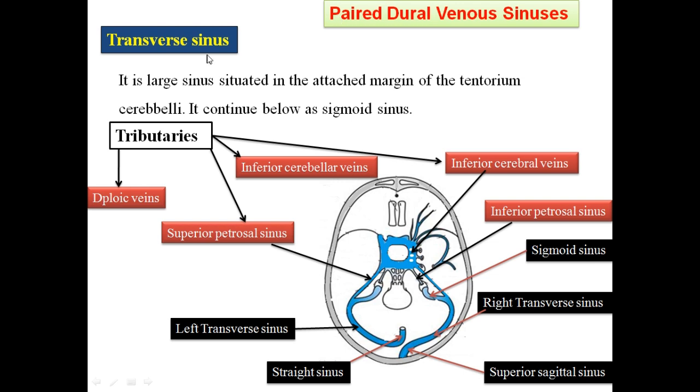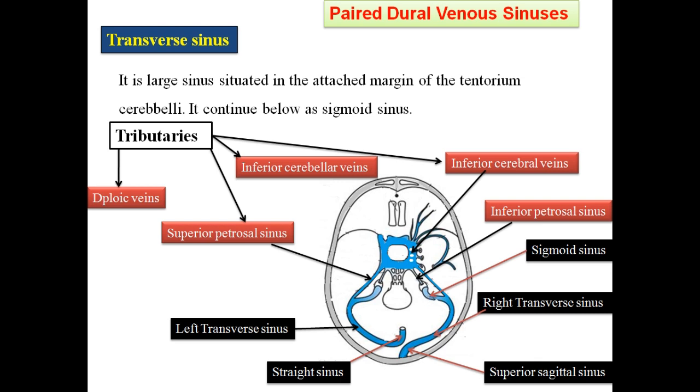The transverse sinus is the largest of the dural venous sinuses, situated in the margin of the tentorium cerebelli, and then it continues to the sigmoid sinus.